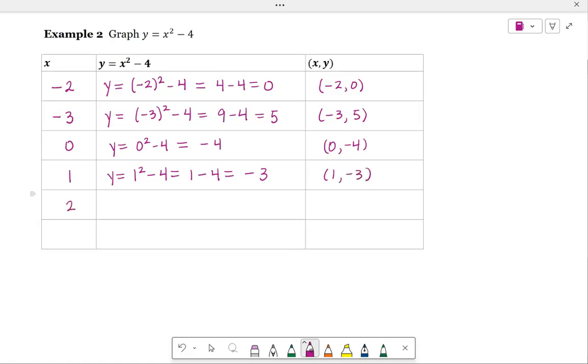Let's plug in 2. Y is 2 squared minus 4, which is also 0. And then let's plug in 3.